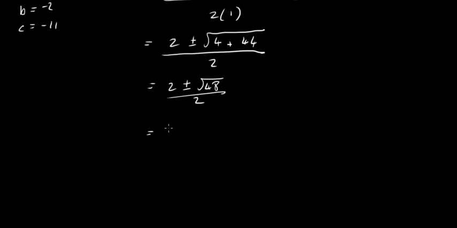Now, continuing on, we get 2 plus or minus the square root of 48, which is actually 4 root 3. So 4 times root 3 over 2. Your calculator should do that for you. If you just type this in and press equals, it should simplify it to 4 root 3.